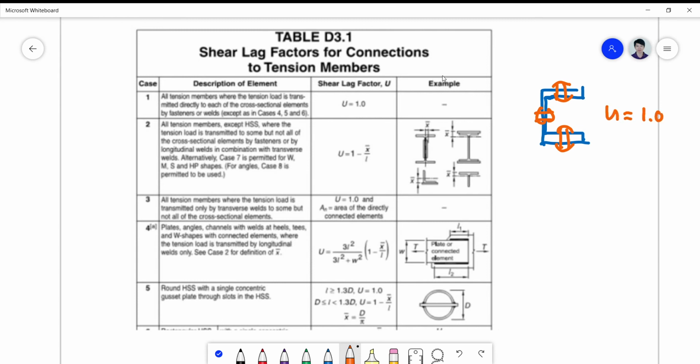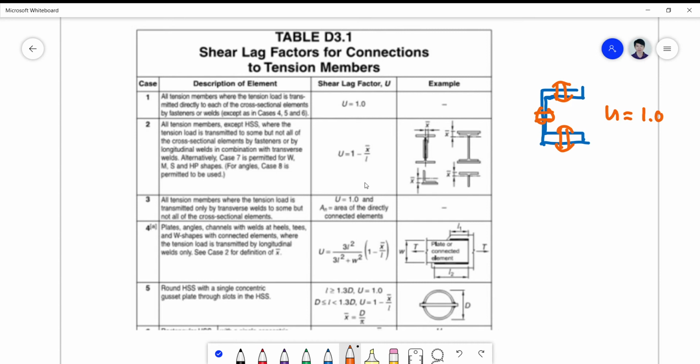That's all this means. If all of them are welded, welded here, welded here, welded here, U is equal to 1. The reason for that is that the transfer of the force, shear, will more or less be uniform. So the shear lag is negligible. That's the meaning of it.